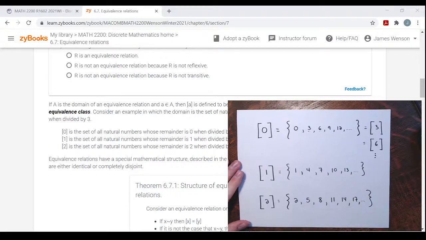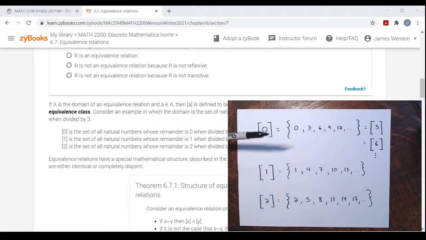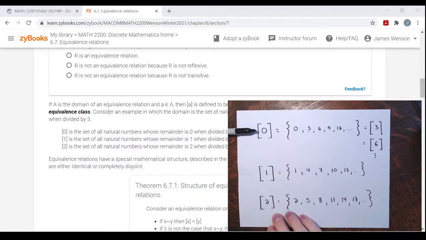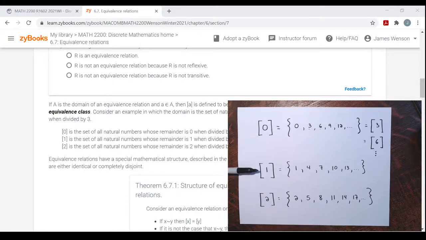And again, like I was saying up top, this equivalence class for 2, you could also say was the equivalence class for the number 5, or the number 8, or the number 11, or whatever. They're all the same set. Now, something I'm noticing. The equivalence class for 0, the equivalence class for 1, and the equivalence class for 2 form a partition of the natural numbers, right?